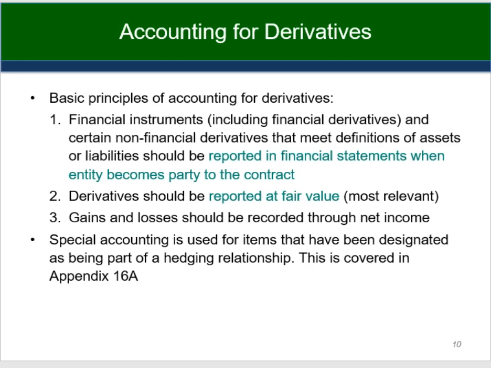So a contract to buy pork bellies is an example of a non-financial liability, and so it's a commitment to purchase that product, those commodities, pork bellies, at a particular price at a particular time in the future. And so essentially purchase commitments are executory contracts.